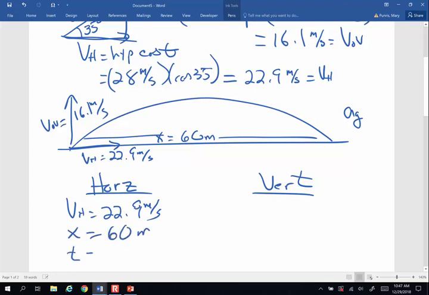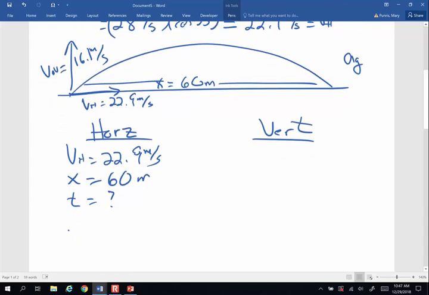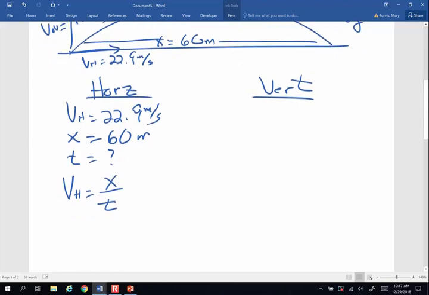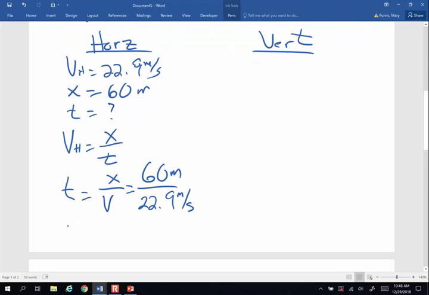And yay, I can find time, because on the horizontal side, the only equation I can use is the constant velocity equation, x over t. So time in the air is going to be x divided by velocity, 60 meters divided by 22.9 meters per second. I'm going to end up with a time of flight of 2.62 seconds.